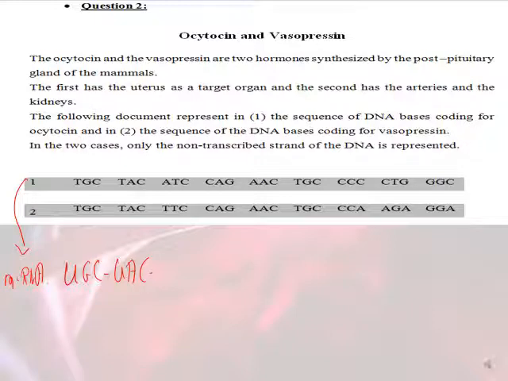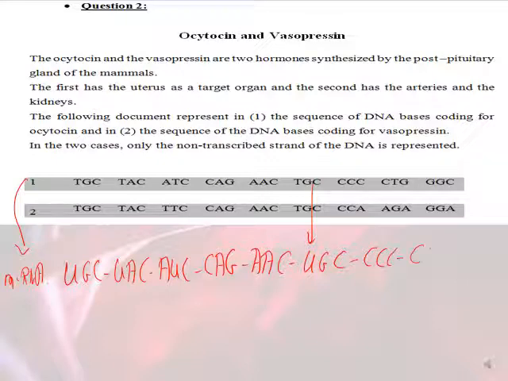Then AUC. The same. Instead of T, it is replaced by U only, since this is the coding. AAC. And then we have TGC, it becomes UGC. Okay? And CCC. CUG and GGC.